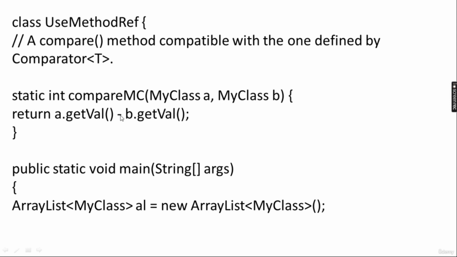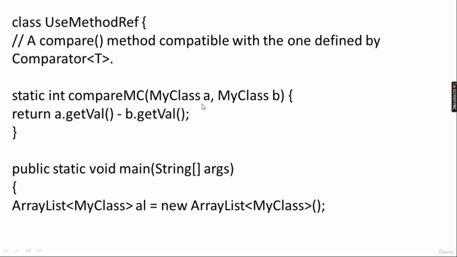It returns a.getValue() minus b.getValue(). So here we are passing two class objects, both representing the same class, MyClass. We are comparing these two objects of the same class.